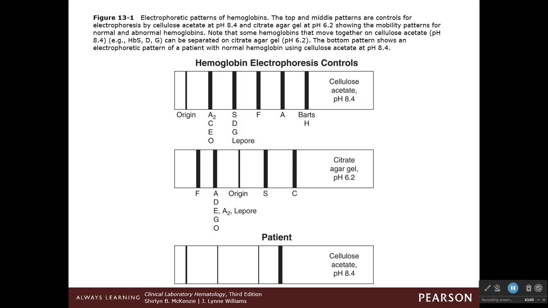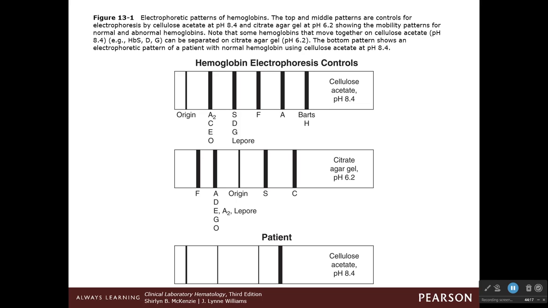You should have a band of A1, you should have a band of F, and you should have a band of A2. Because remember, that's the 3 hemoglobins that make up our red blood cells, correct? Okay? So, like this band, if it's A1, should be a darker band. Does that make sense? And then a small band, and then a little bit larger band for the A2. Does that make sense? Okay?